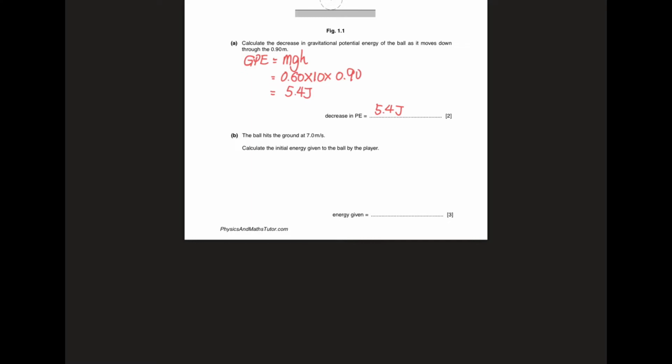So we have to use the kinetic energy formula, which is half mv squared. Okay, so we substitute with values. So 1 over 2, the mass 0.60, the velocity 7.0 squared. Then we just press calculator: 0.5 times 0.6 times 7 squared.